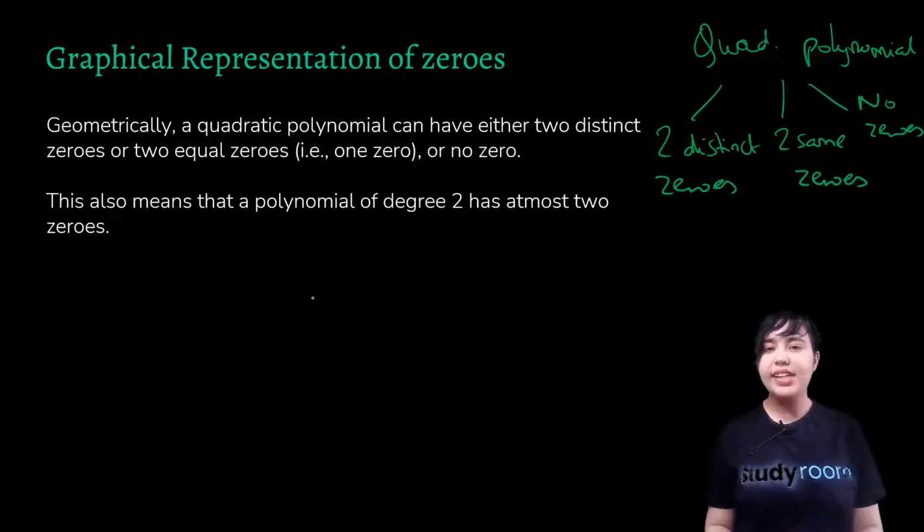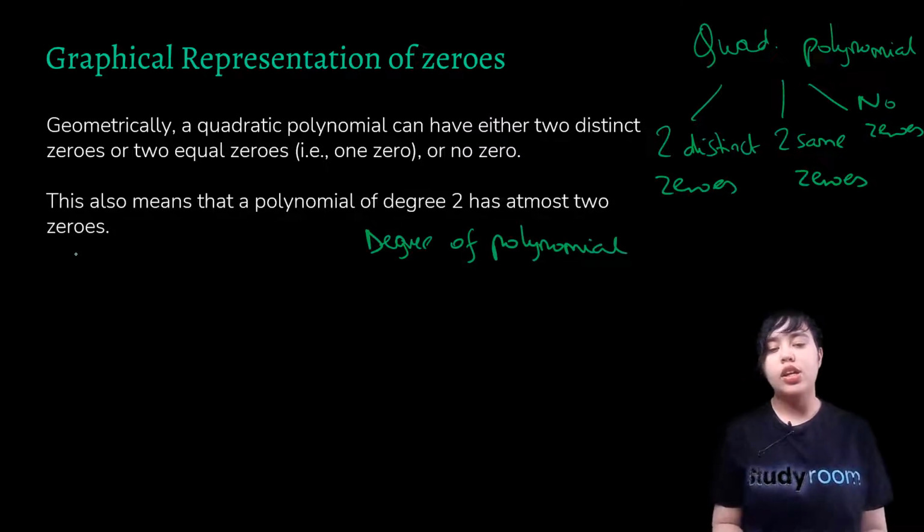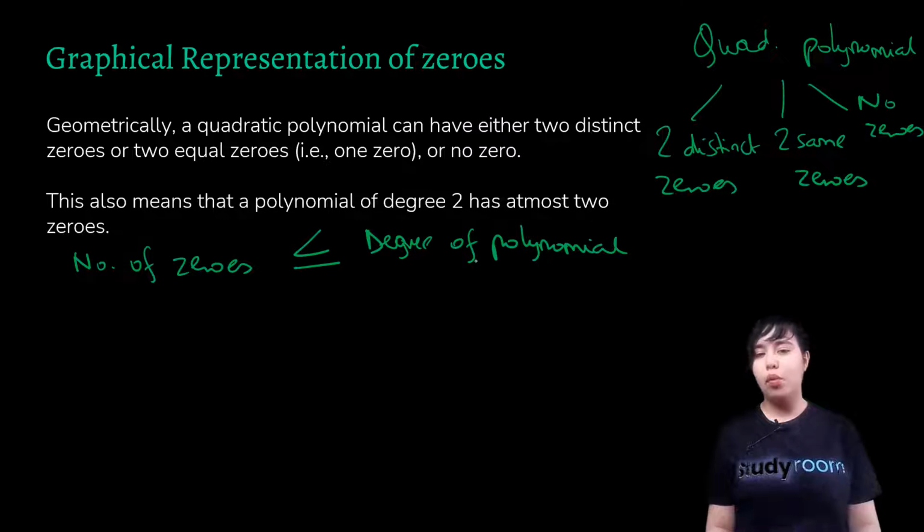So there is a generalized statement which I'm about to make now, that the degree of a polynomial will tell you about the number of zeros which you can have for that polynomial. So the number of zeros of a polynomial will always be less than or equal to the degree of that polynomial.